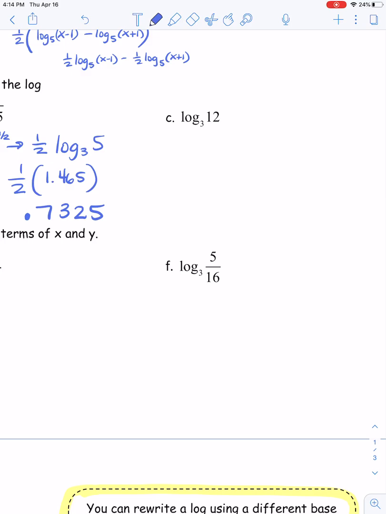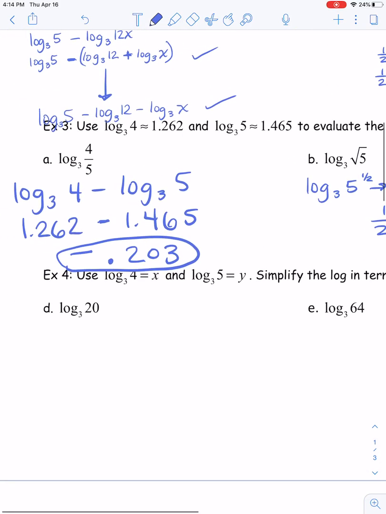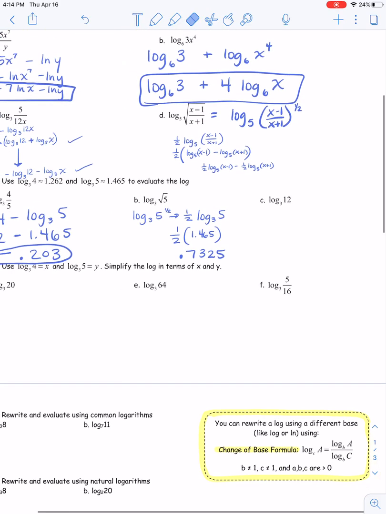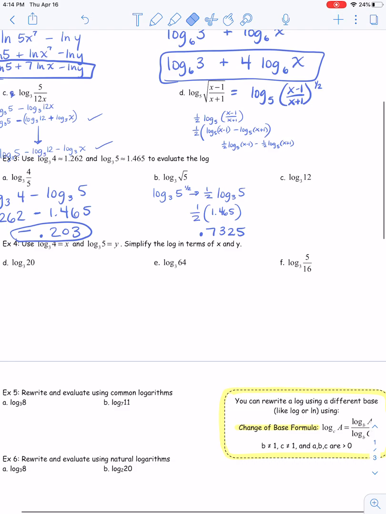Well, it could be 1 and 12, but that doesn't help me because this is not a 1 or a 12. So that's out. I could use 2 and 6. Again, that doesn't help me because I only know log base 3 of 4 and log base 3 of 5. So I go to 3 and 4. And you may be thinking to yourself, well, Miss Treese, you don't know log base 3 of 3.